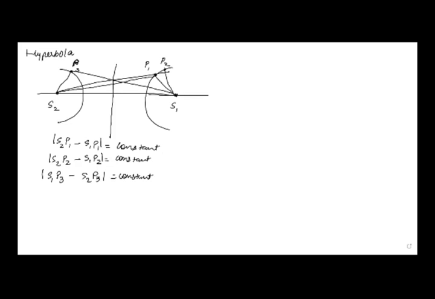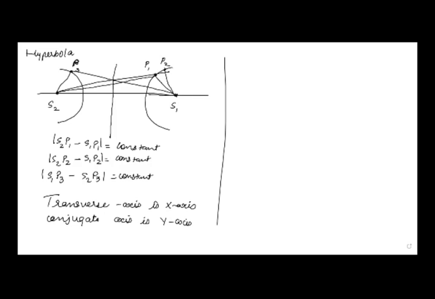So here you can see that the opening of this hyperbola is towards the x-axis. Therefore, the transverse axis is the x-axis, whereas the conjugate axis is the y-axis. We have one more type of hyperbola where the opening is towards the y-axis.